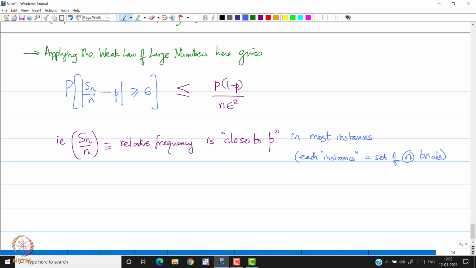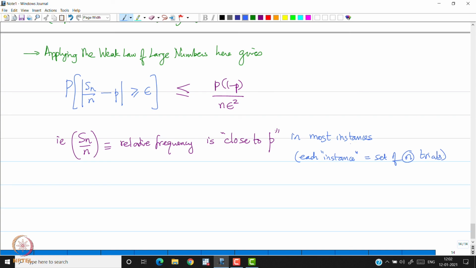So you consider different sets of n trials, and you look at the relative frequency on each set of n trials, and what this weak law is saying is that the relative frequency in most instances of these n trials is going to be close to p. That's what we expect from this probabilistic statement up here.